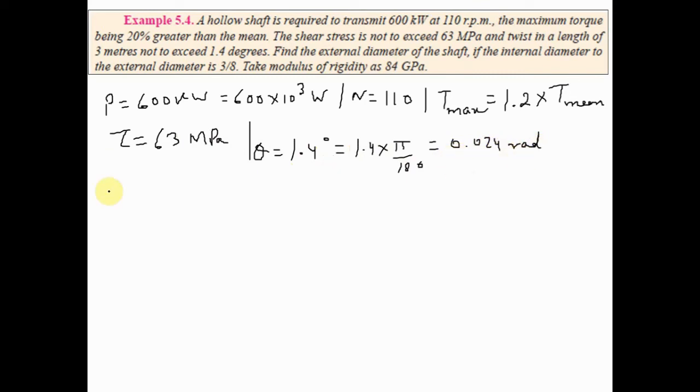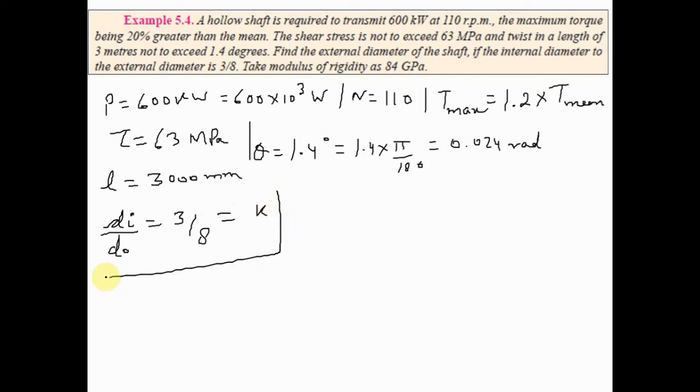Then what else is given? Length is given as 3 meters or 3000 mm, and one more value is given, that is the ratio of internal diameter to the external diameter. So internal diameter, let us say di, external diameter, let us say do. So di by do is given as 3 by 8. Let us call this ratio k.